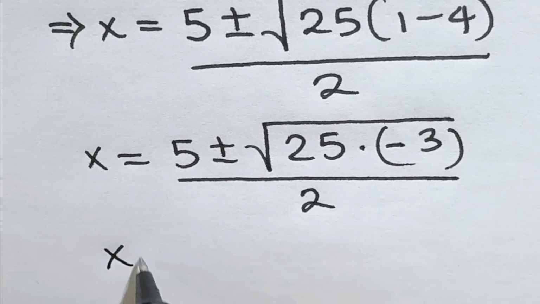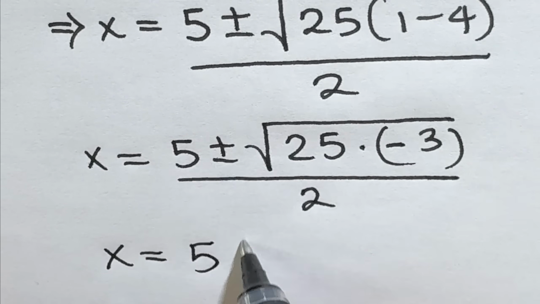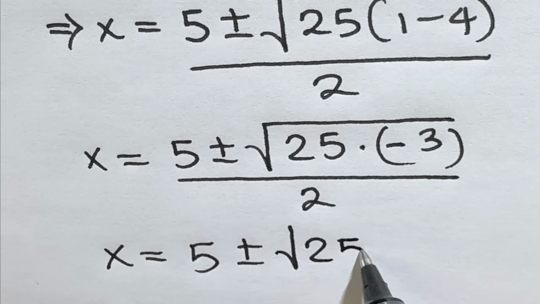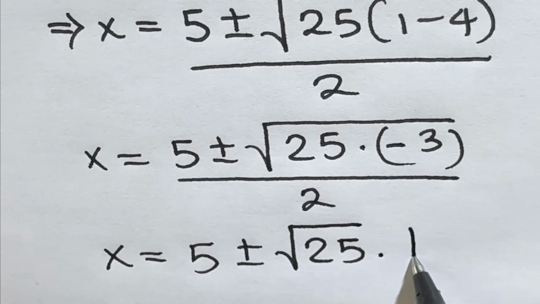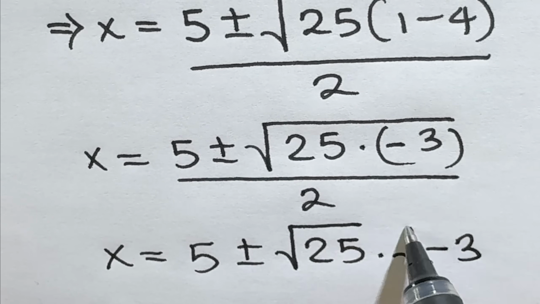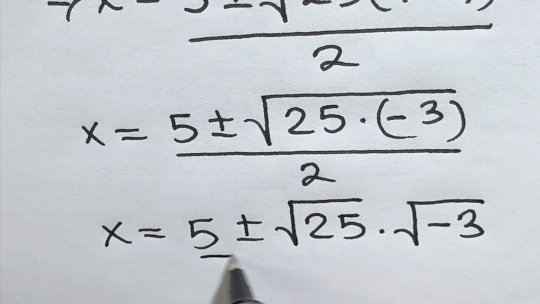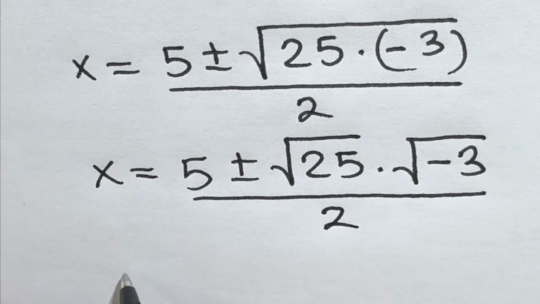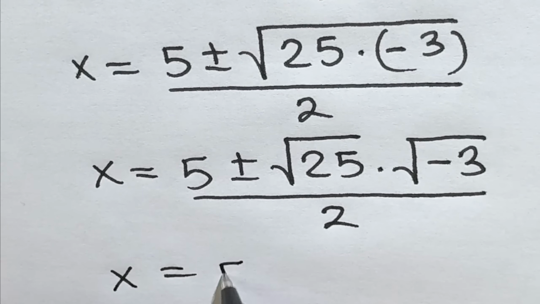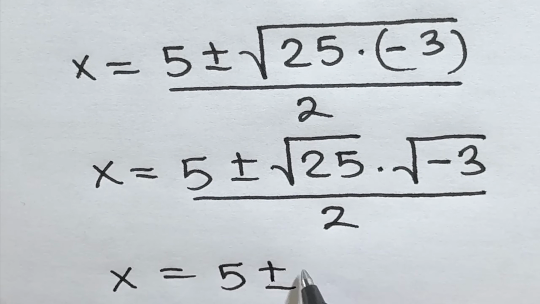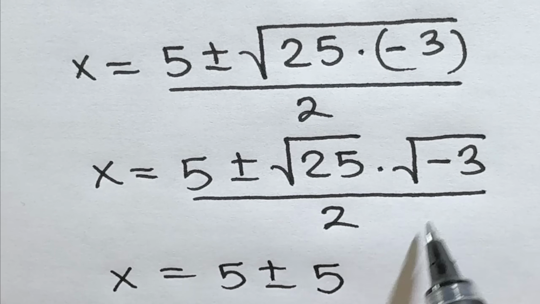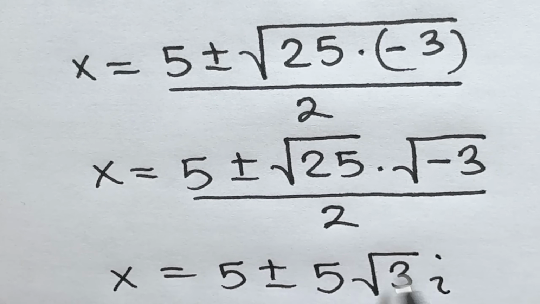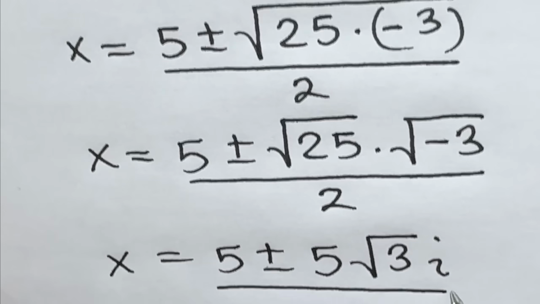Then x is equal to 5 plus or minus the square root of 25 times the square root of negative 3, then divided by 2. x is equal to 5 plus or minus, the square root of 25 is 5. Then the square root of negative 3 will give us root 3 i, then divided by 2.